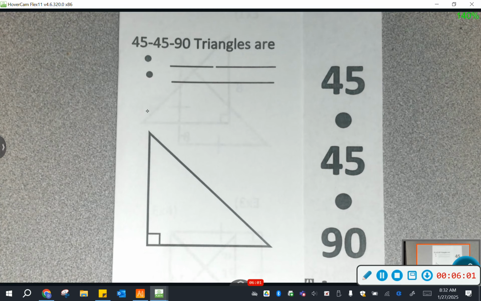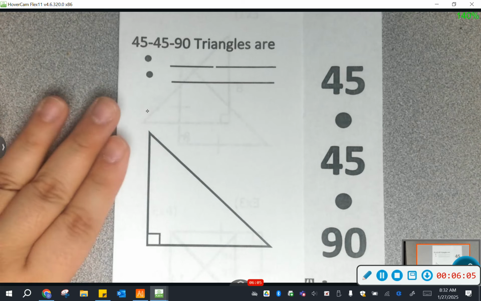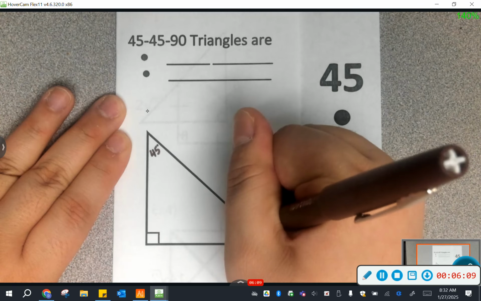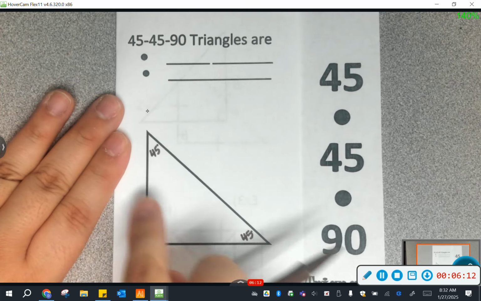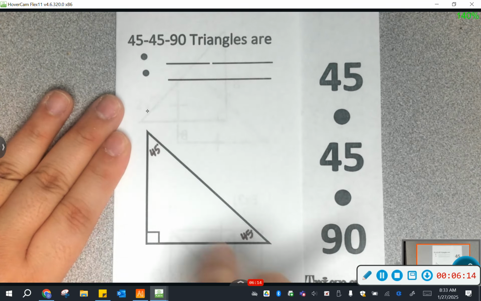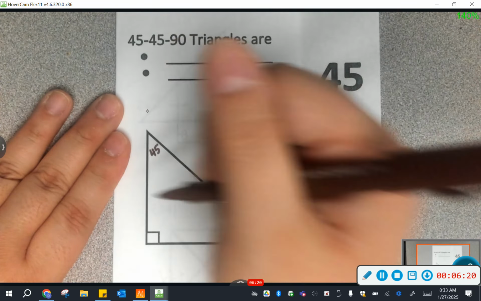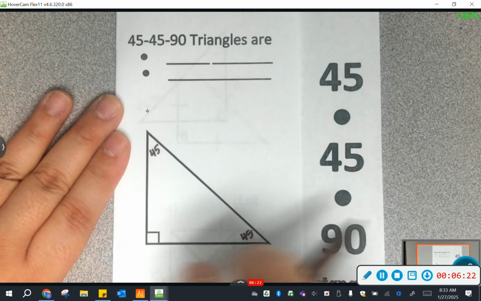Now, if you have a 45, 45, 90 triangle, we're going to put the 45 here and the 45 here. What's going to happen to these two sides right here? These two sides.